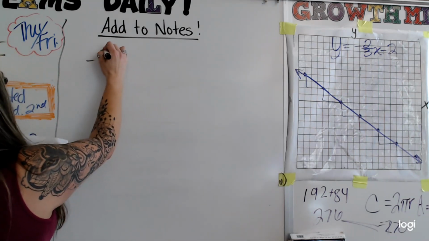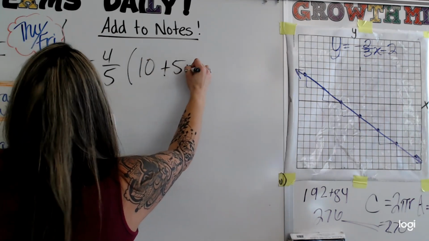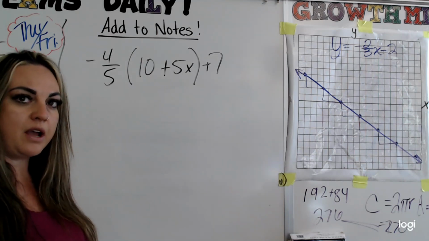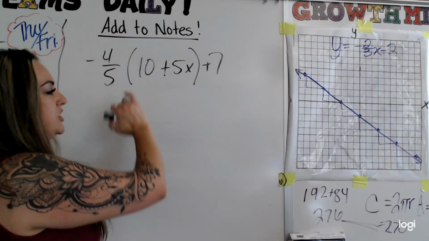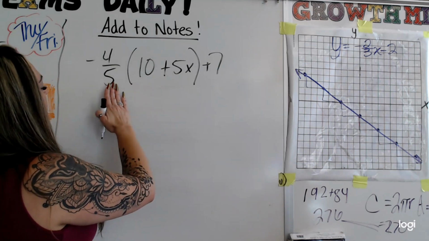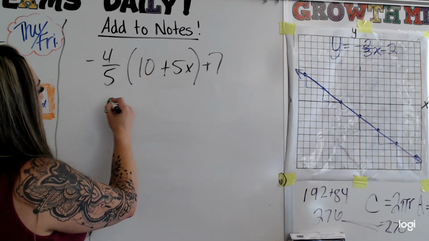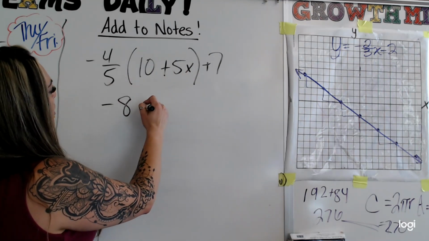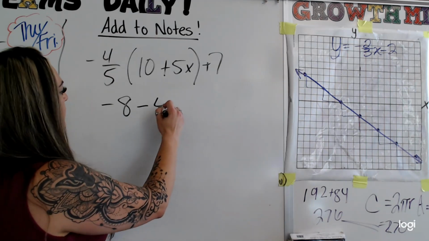Okay, you're going to have to distribute some fractions. We've done this many times. So we could do a lot of things here, right? We could multiply this by the reciprocal, get rid of the fraction, but you'd have to do it to this term also, okay? We could just distribute this. They're pretty friendly numbers. So we would get negative 40/5, which is negative 8, and then negative 20/5, which would be negative 4x.